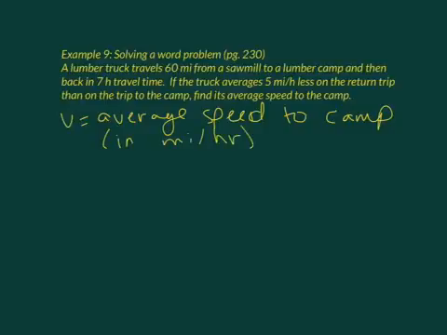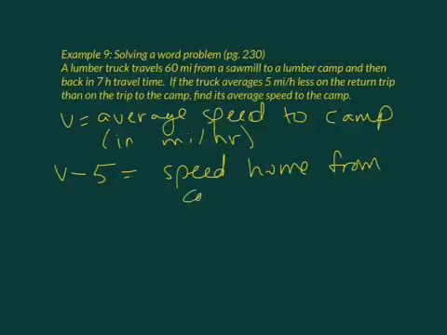So then if v is the speed to the camp, and we know that on the way back from the camp it's 5 miles less, it's going to be v minus 5. So that is the speed from the camp. Or I guess he's not going home, he's going to the sawmill.